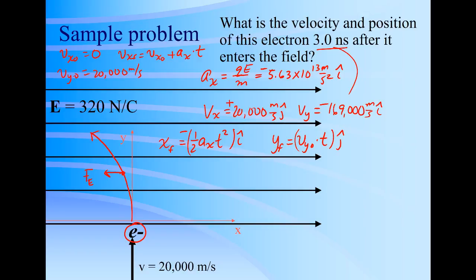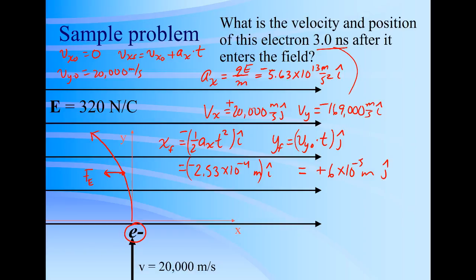So if you want to put some numbers in, x final would be about 2.53 times 10 to the minus 4th meters i hat. And y final would just be 20,000 times 3 nanoseconds, so it'd be plus 6 times 10 to the minus 5th meters j hat. And then you can combine vectors in order to find the total position. We won't do that right now.